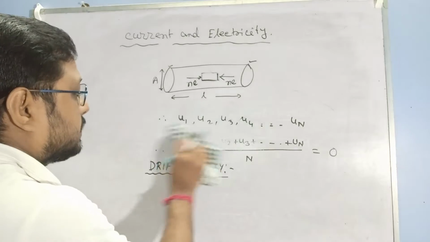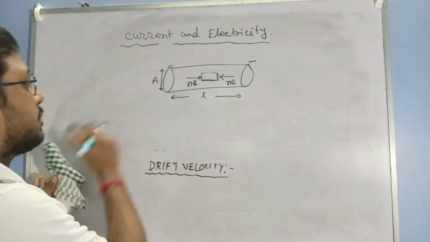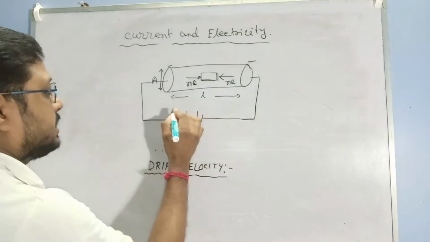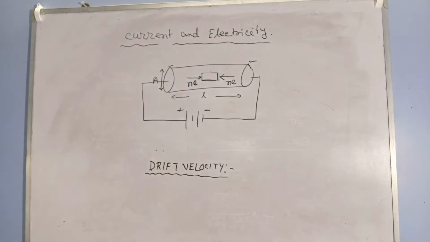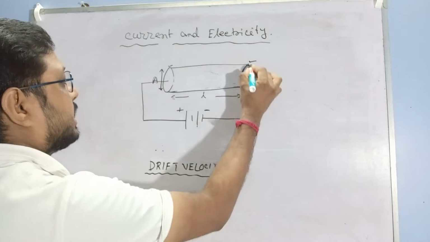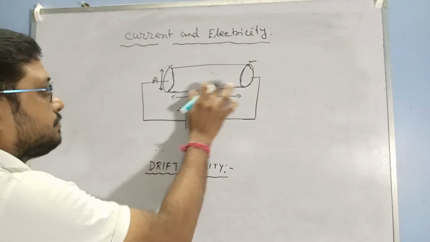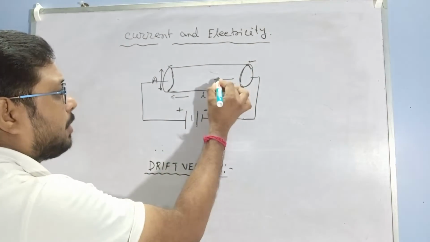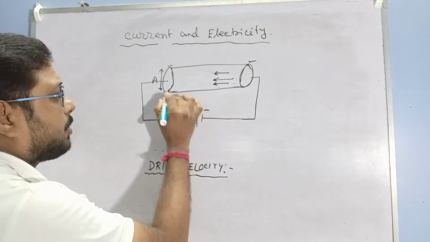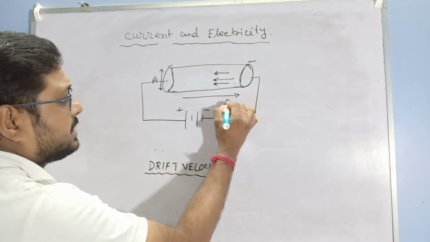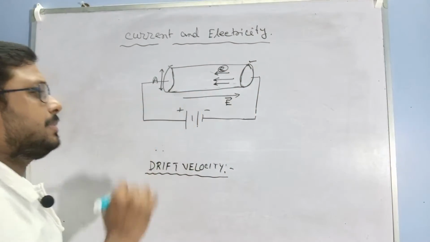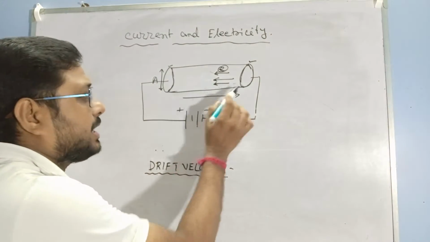When a battery is connected across the conductor, this is the plus terminal and this is the minus terminal, then a current is built up inside the conductor, because the electrons are moving from the negative terminal to the positive terminal, and an electric field is built up from positive to negative terminal along this direction, just opposite to the direction of electrons.